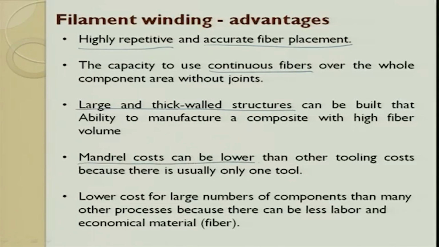The mandrel cost can be lower than other tooling costs, because usually only one mandrel is used and it is used repetitively. So it is a low cost for a large number of parts. That means this process can be thought of for mass production, because the mandrel can be reused.